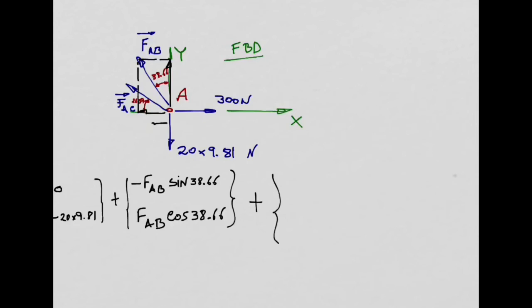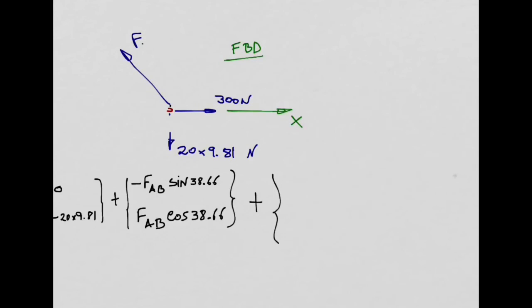Let me try to clean this up a little bit. Oops. I think it's better to do everything again, right? So we have our FAB that we did already, and we have our FAC.